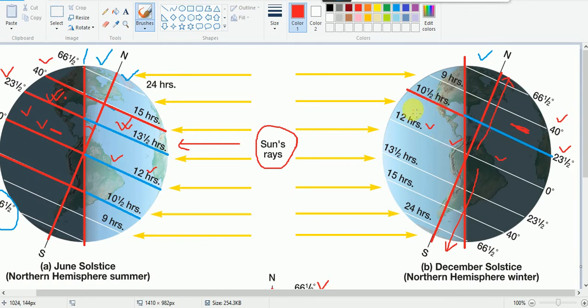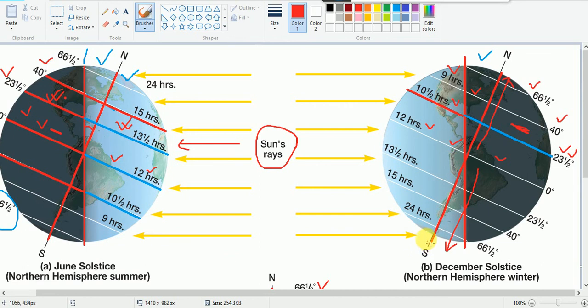If your house is located along the 23.5 degree, then in the winter season you will get only 10 and a half hours daytime. And if your house is located at 40 degree north, in winter season you will get only 9 hours daytime. And if your house is located at 66.5 degree, then you will never get sunshine in the winter season.